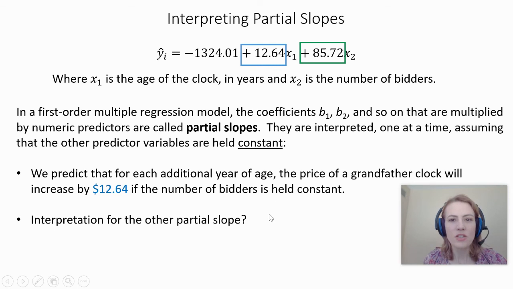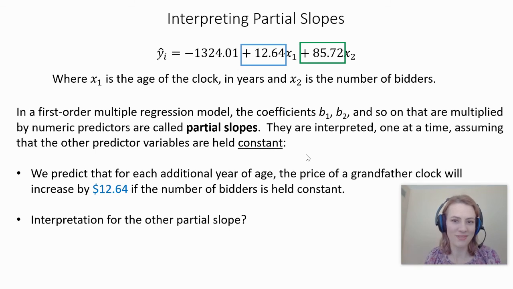Actually, you could experiment with the prediction we just used a minute ago. What would happen if you increased the age of the clock by just 1 year, or increased the number of bidders by just one?